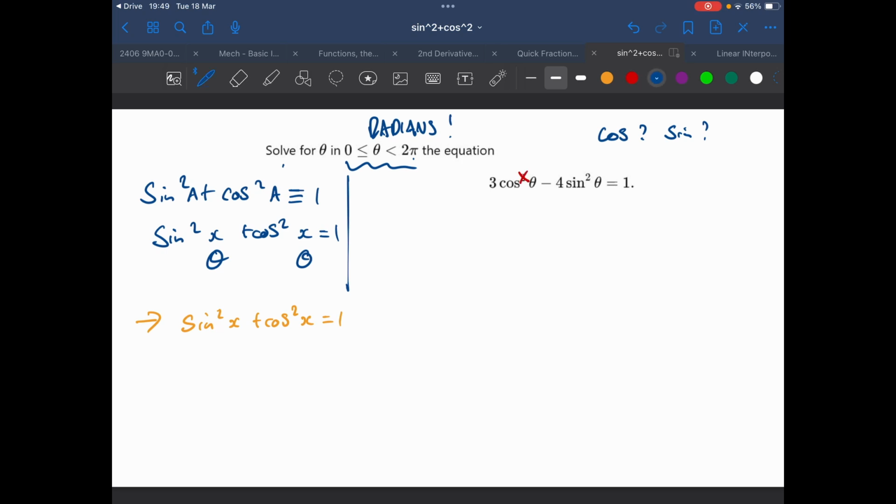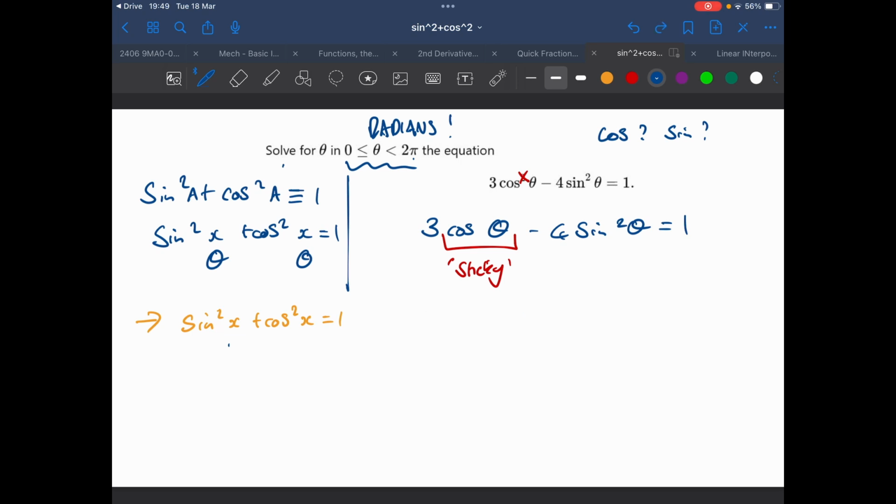So I want you to imagine this case instead. If I had 3 cos theta minus 4 sine squared theta equals 1, the same trick is still useful. Here, this is what I would call a sticky term. It's awkward to get rid of it because it's not squared. It doesn't work nicely with our identity if we don't want to do some square root thing.